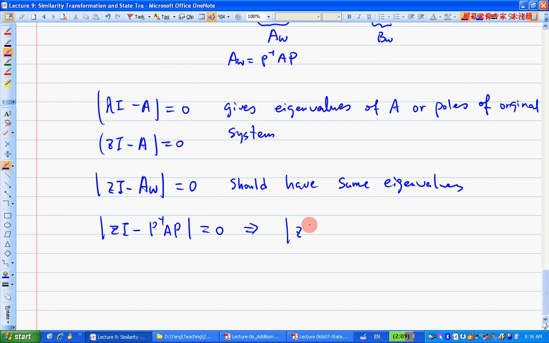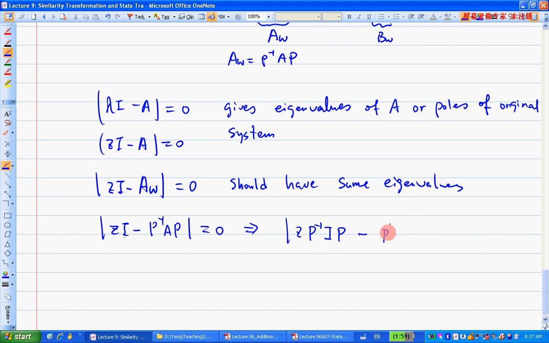Look at this I there. The I is the identity matrix. If I multiply by P inverse P like this, basically I changed I to P inverse I P. I'm not changing anything, because P inverse P is still the identity matrix, all right?